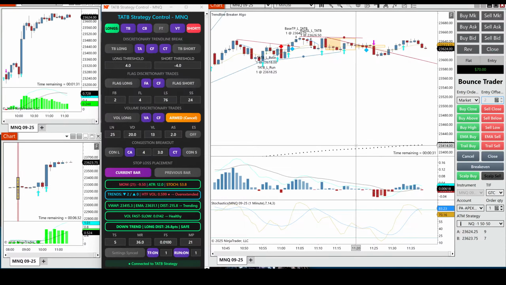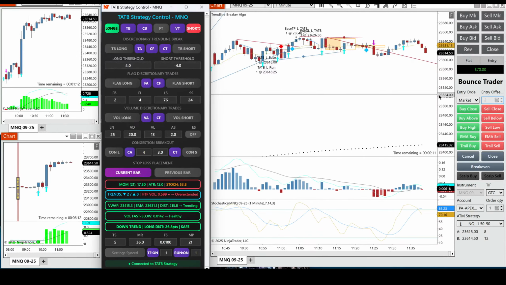Let me just wait for this bar. But then it will be a retracement to the higher bar.